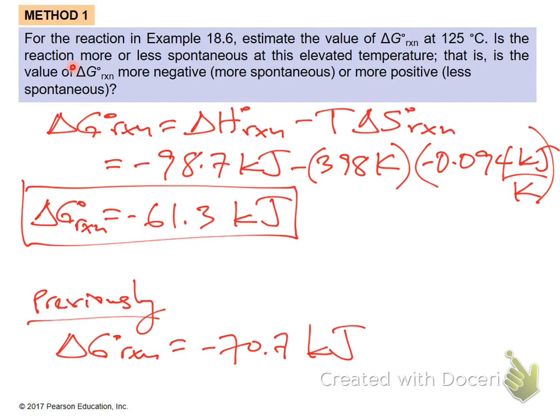It would be less spontaneous. It's less negative, because when delta G is negative, then we have a spontaneous reaction. So if it was less negative, then it would be less spontaneous. So this is less negative, and therefore less spontaneous.